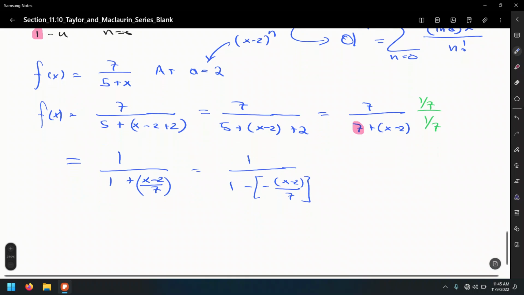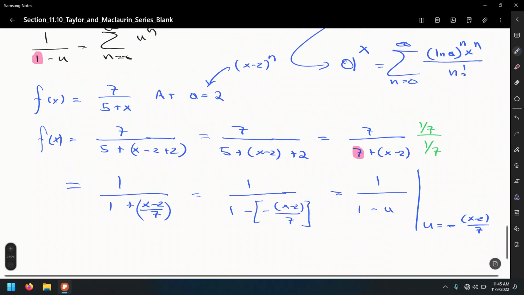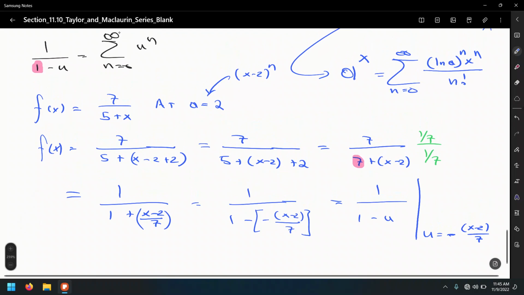And does that look like 1 over 1 minus u? I know, that u looks like madness, I know. That's 1 over 1 minus u, where u equals this madness here, negative x minus 2 over 7. And well, 1 over 1 minus u, isn't that just sigma n equals 0 to infinity of u to the n?